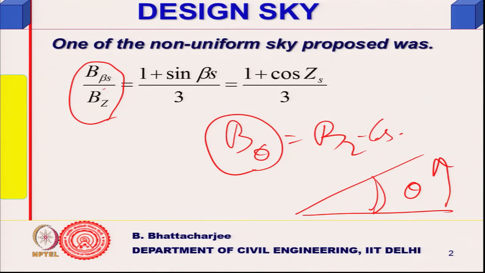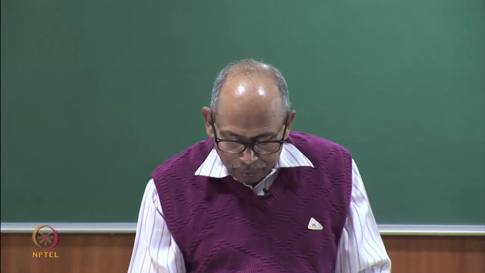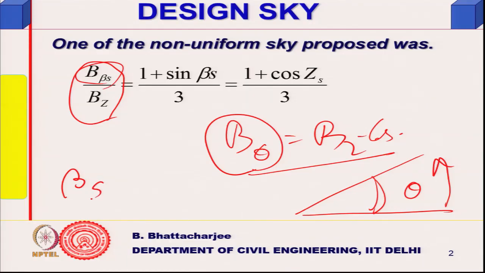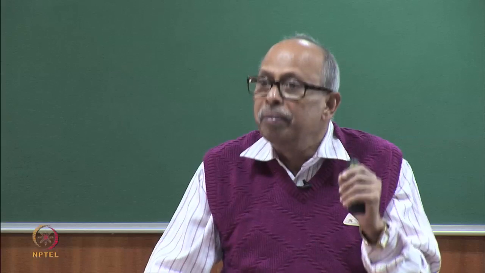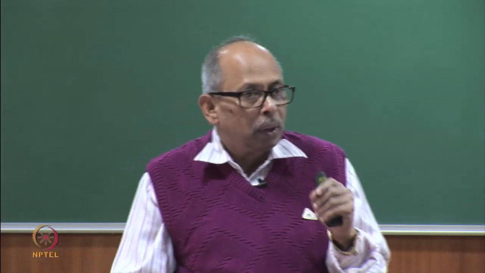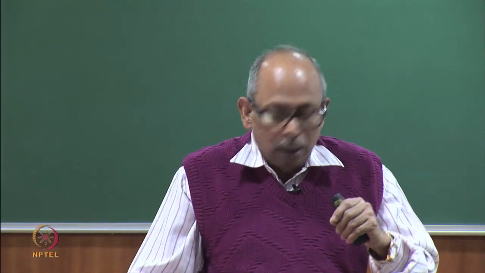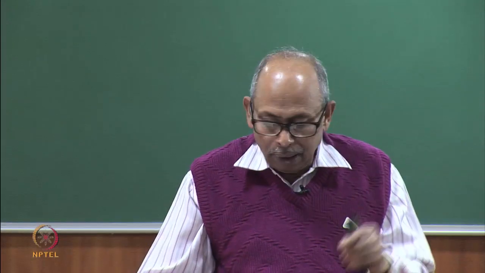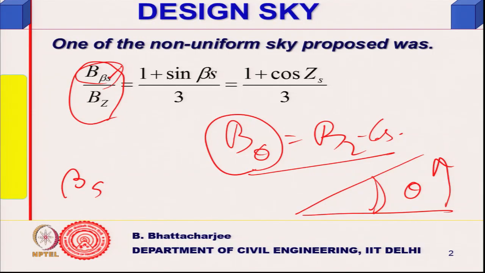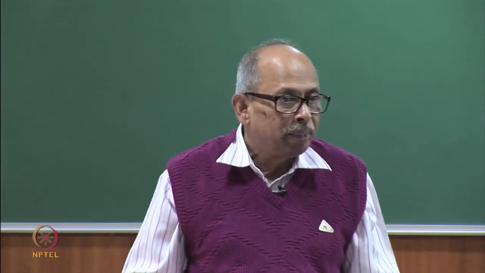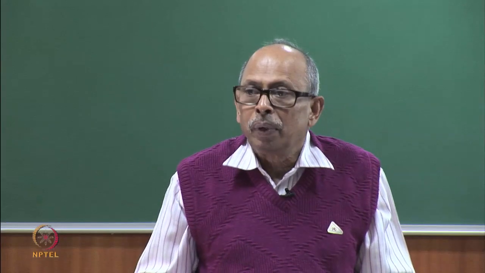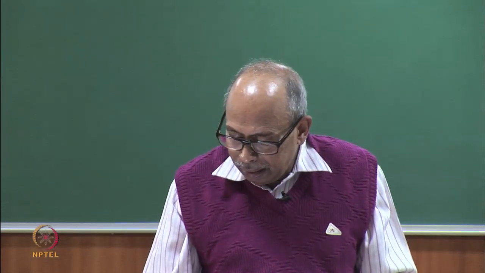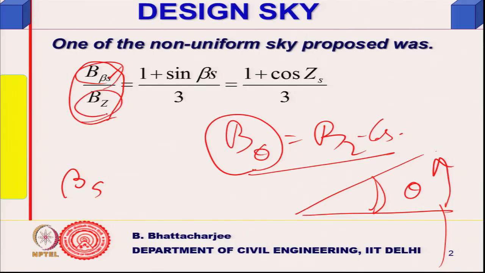Now, that is defined here in terms of beta Bs. I am calling it beta Bs because the code uses theta, so we are using that notation. Beta S stands for the elevation angle, if I may call it so, of a particular point in the sky horizon, that is why S. So, I choose any point in the sky, a small element, and this angle is beta S, divided by B z.